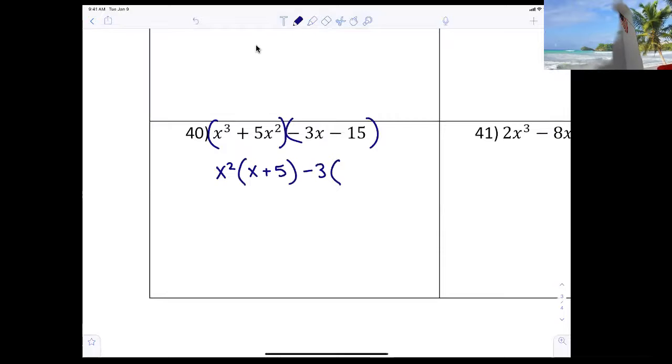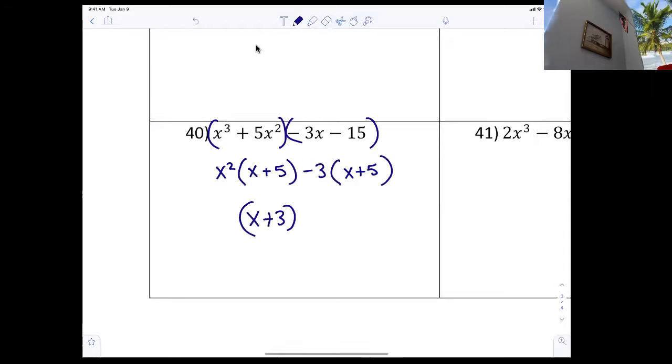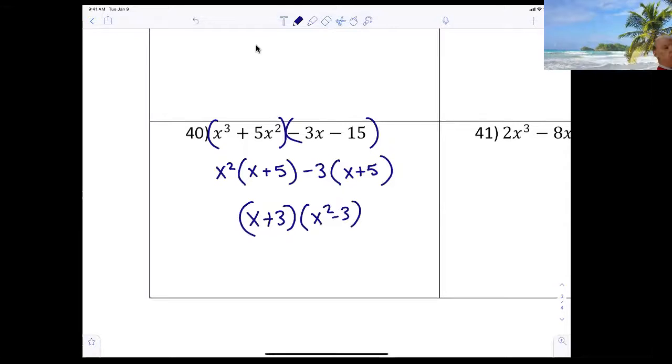And what am I left with? X plus 5. Perfect. So I'm left with, I know you didn't mean it, but you said plus. It's times, right? It's x plus 5 times x squared minus 3. It's a small technicality, just making sure.